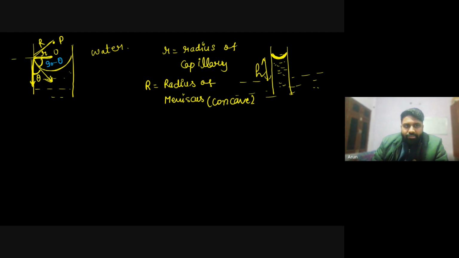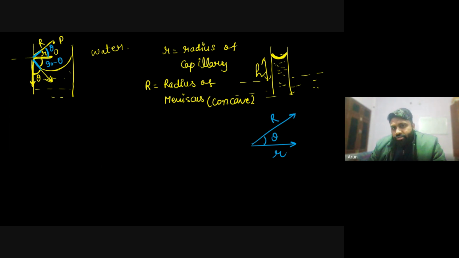Okay. So again, if this is 90 minus theta, this will become theta because this and this are perpendicular. So here you will have small r, you will have capital R, and this angle is theta. So we can say that the component of R in this direction is small r. We can say that R cos theta is equal to small r. So capital R is r upon cos theta.